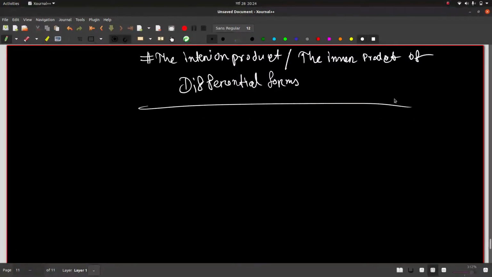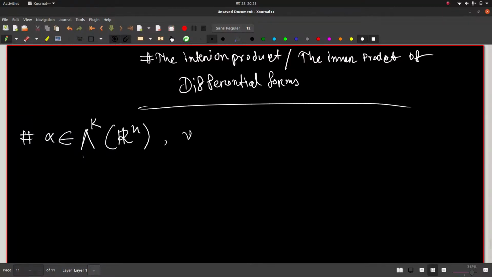So let's say we have a k-form alpha. Sometimes we can even denote a k-form like this: alpha belongs to capital lambda^k. That would mean this is a k-form on some manifold, R to the power n. This is another way to express it. So this alpha is a k-form, and given a vector v, the interior product is denoted with this symbol, i_v, according to the textbook that we are following.